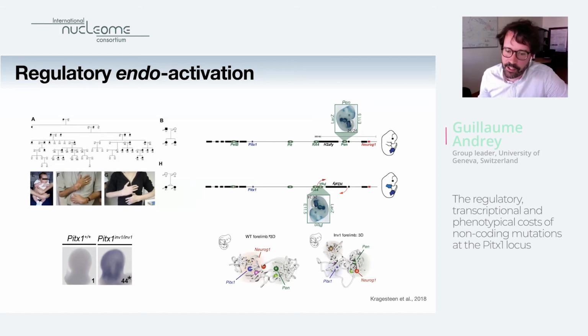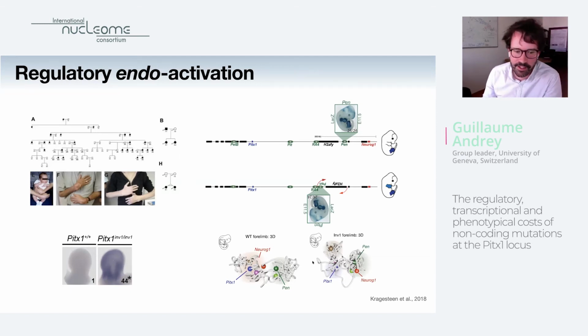So normally in a wild type forelimb you have a repressed structure, where Pitx1 here in blue is in a domain with another repressed gene, Neurog1, pretty far away from the enhancers, which are in a second, separated domain. In these inversion animals, the structure is completely changed, and Pitx1 is now not close anymore to the Neurog1 gene, which has been pushed away, but closer to the enhancers that are basically facing the gene, and as such produce transcription.